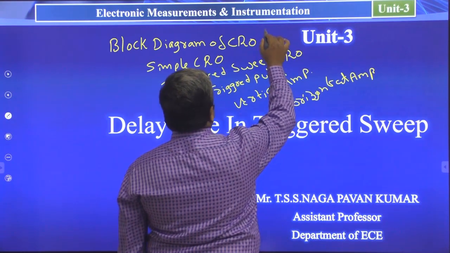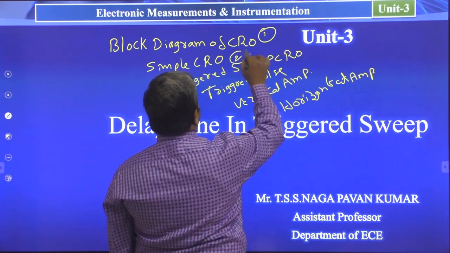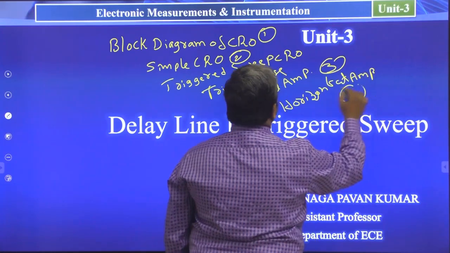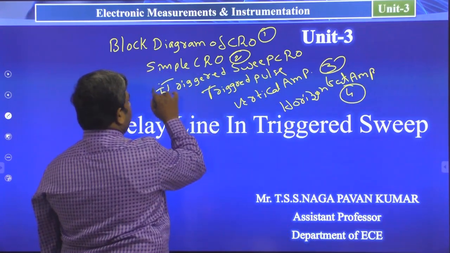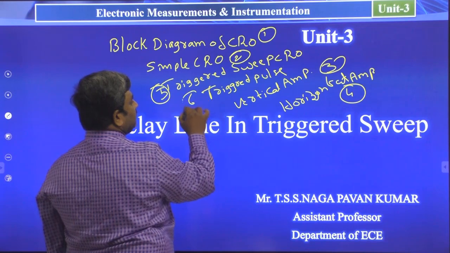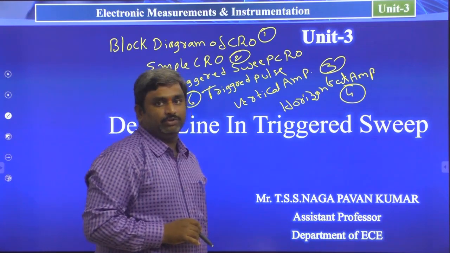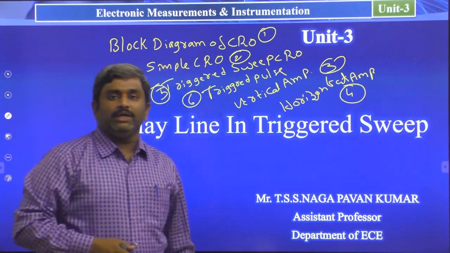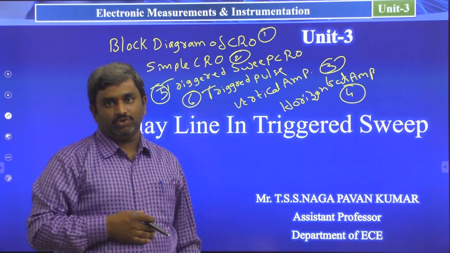Right? The first one block diagram of CRO, second one simple CRO, third one vertical amplifier, fourth one horizontal amplifier, fifth one triggered sweep CRO, sixth one triggered pulse circuit. So these are the 6 different topics we have seen up to now in the concepts of oscilloscopes.